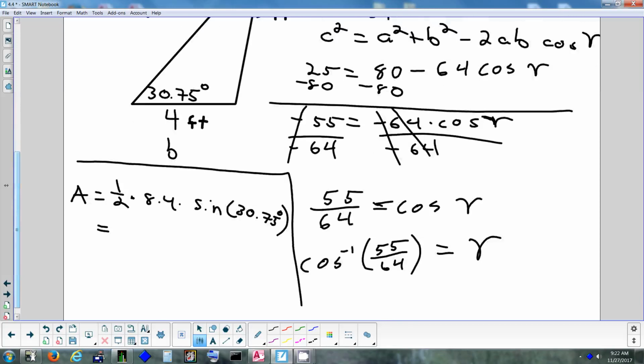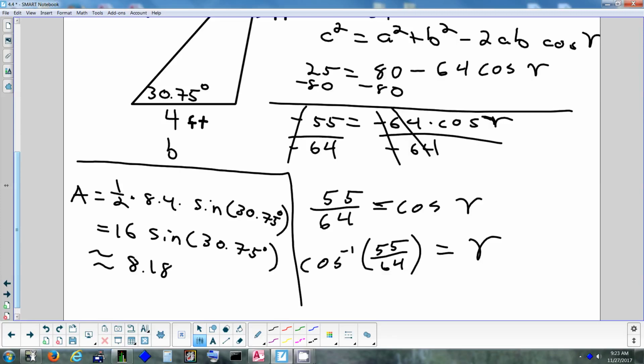What's half of 8 times 4? 16. 16, yep. Again, the angle's in degrees. Make sure your calculator is still in degrees. We're going to type that in, round it off, and see what we get. Okay, anybody have an answer for that once you type it in? Yep, done. 8.18. Okay, how many other people got 8.18?